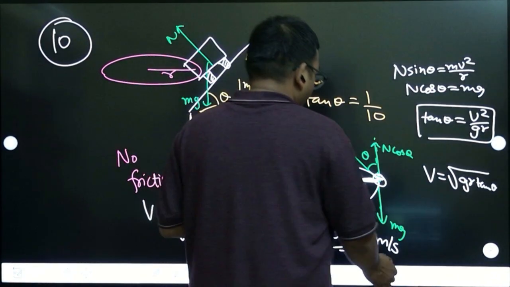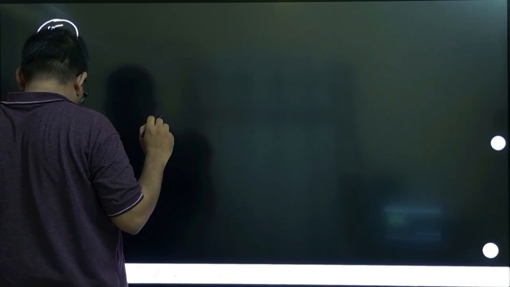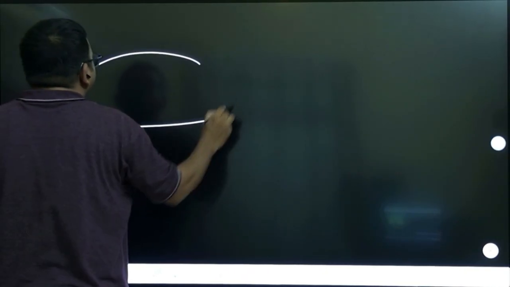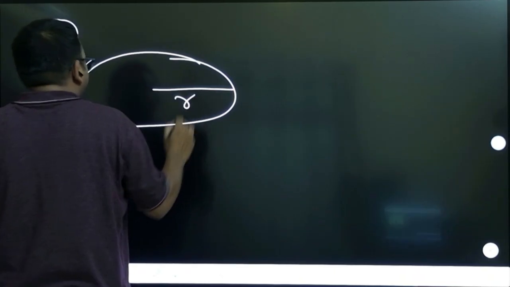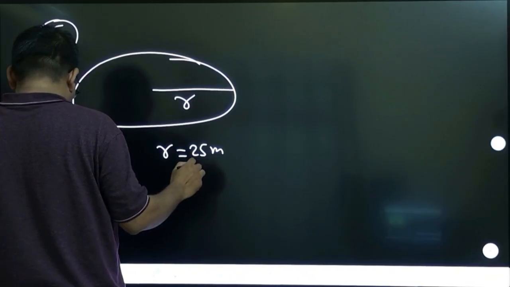Question number 15. A particle is revolving in a circular path of radius 25 meter with a constant angular speed of 12 revolution per minute. So body is going in a circle, radius r is given 25 meter, and the constant angular speed.